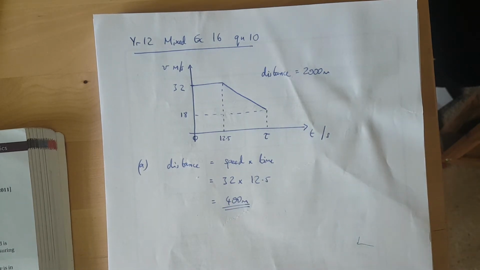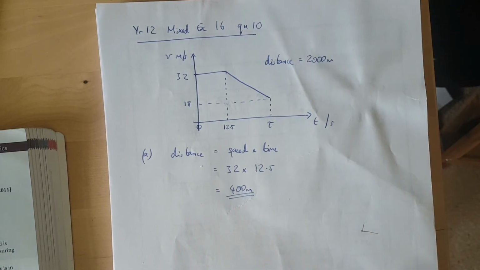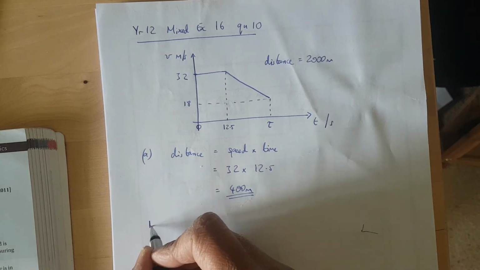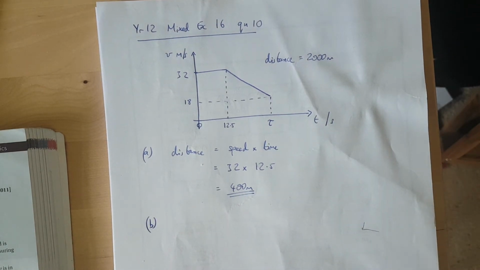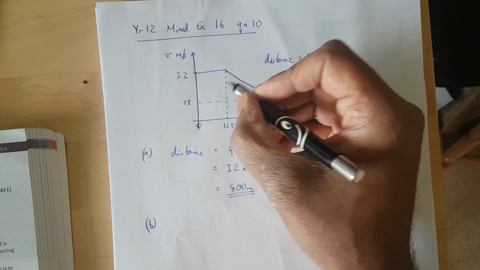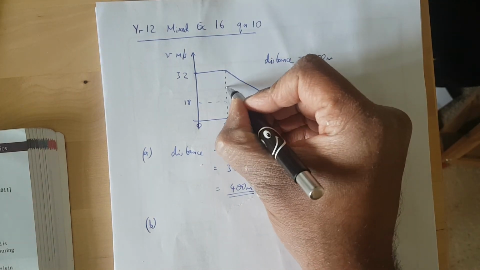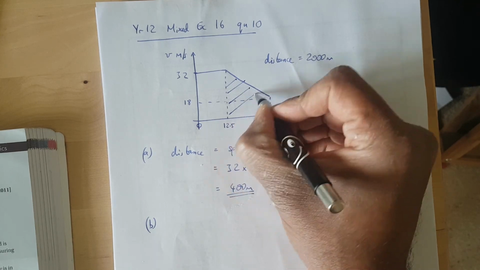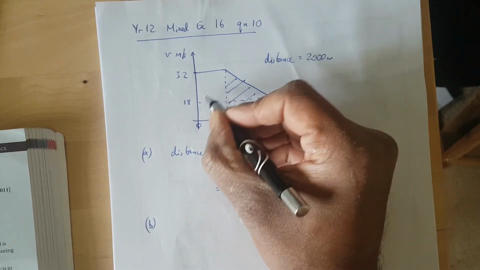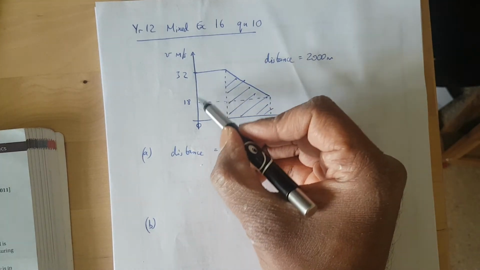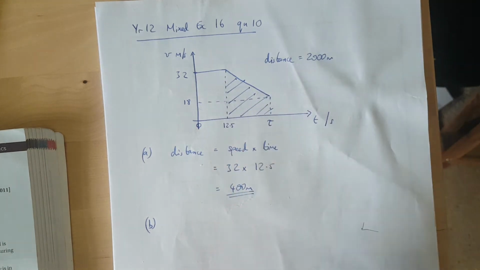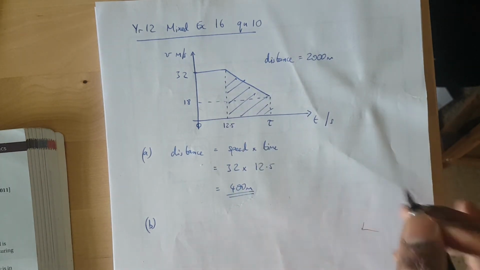Well, how would I do this? I can, of course, use my Suvat equations, but actually the graph here is very helpful, because what I know is that the total distance there is 2,000 meters. So I know that this area here, if I shade this in, must be worth whatever this bit wasn't. I know that this bit was worth 400, which means this bit must be worth 1,600.